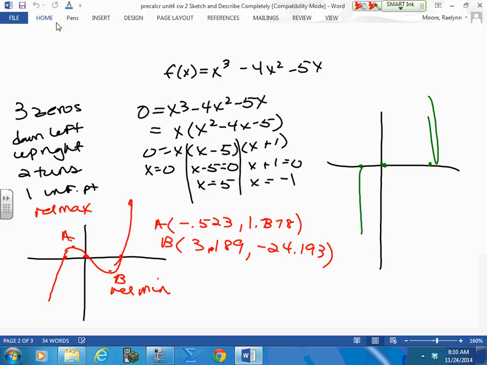Domain and range, all real numbers. Both of them, all real numbers. Let's do your increasing. Increasing is going from here. We're increasing till we hit that x point, from negative infinity to that x point. Then we're going to decrease from that point to that point.